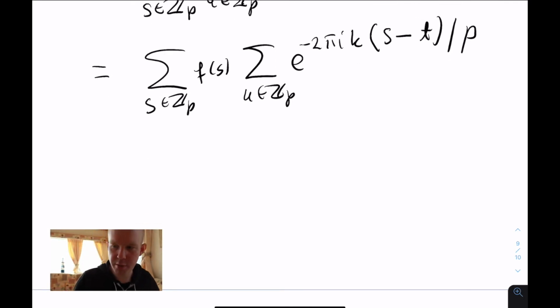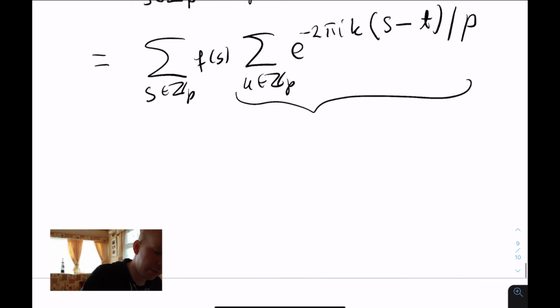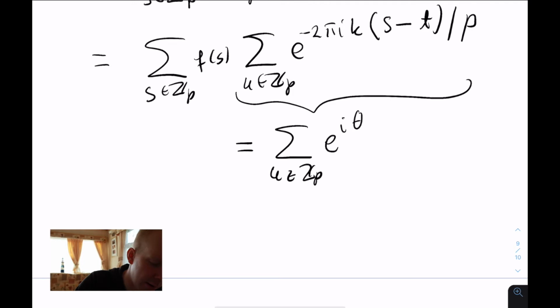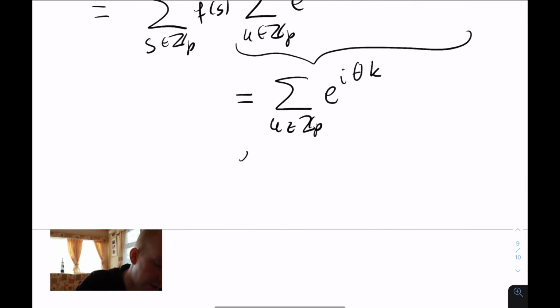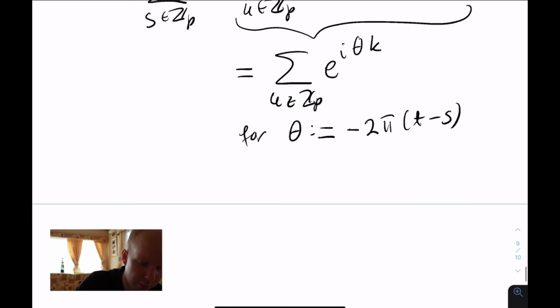And the purpose of this is that we can write this number, summed over k in Z_p, as e to the power i theta k, for theta equal to minus 2 pi (t minus s) over p.